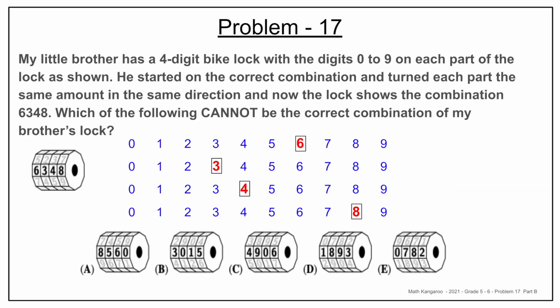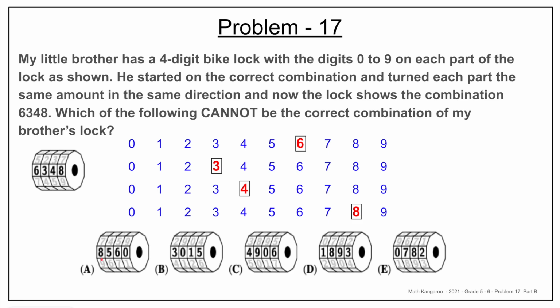For the first segment we have 0, 1 to 9. For the second we have 0 to 9. Third we have 0 to 9, and fourth we have 0 to 9. And the visible numbers are 6, 3, 4 and 8. Now let us go through each option and see which one is not possible.